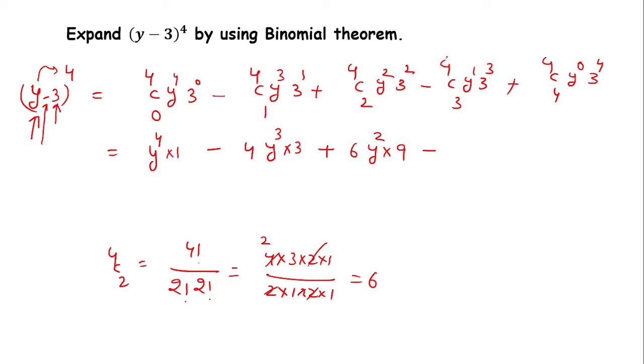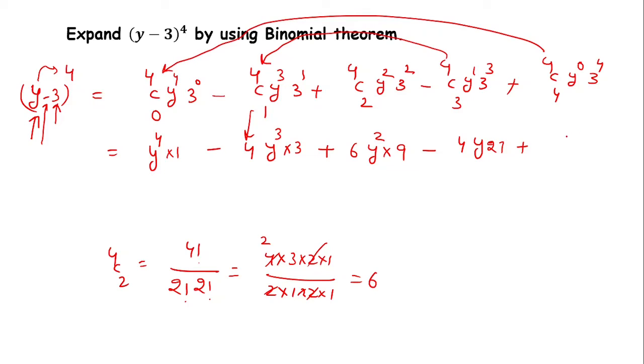I told you, my dear, 4c3 and 4c1 both are same, and that is 4. 4y power 1, 3 cube is 27, plus 4c4 is 4c0, and 4c0 is 1. So 1 times y power 0 is again 1, 3 power 4 is 81.